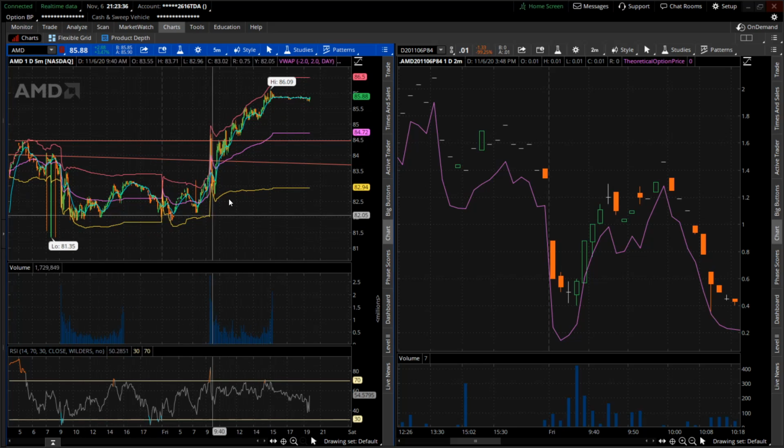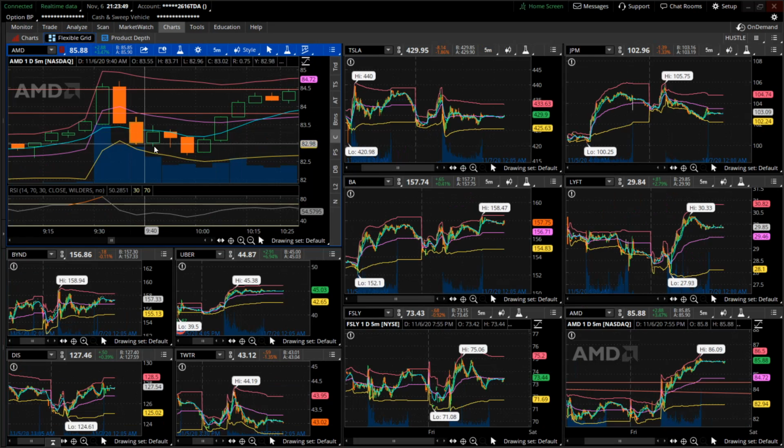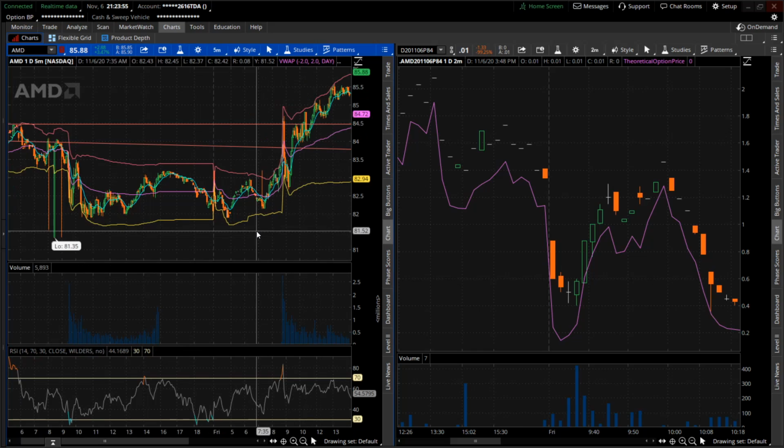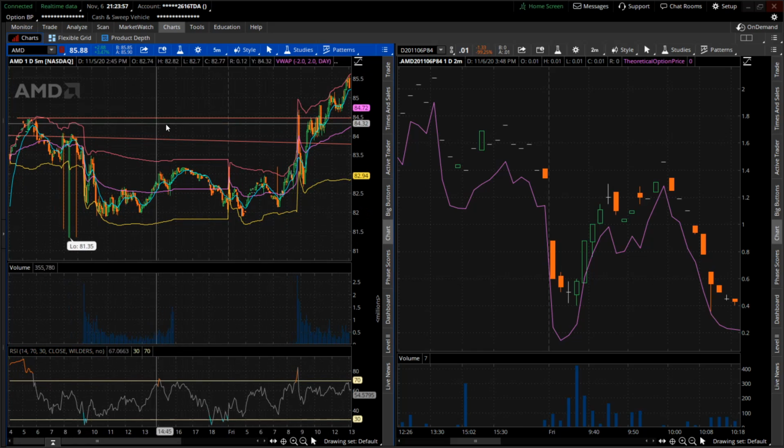I'm doing something that I normally don't do. I've got the 5-minute chart, and before the market opened, now normally I'm on the flexible grid, but I wanted to make sure that this was nice and big and clean for you guys. So I went ahead and marked off my levels.